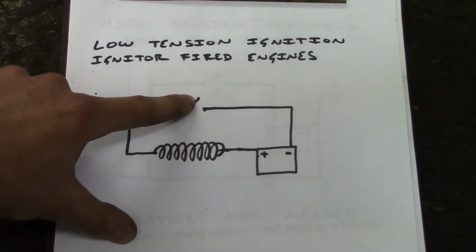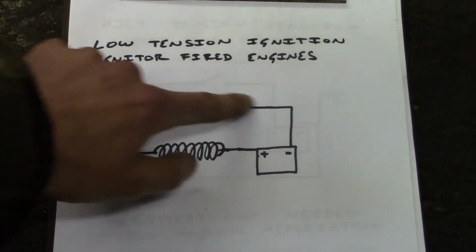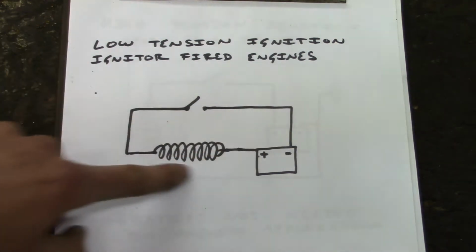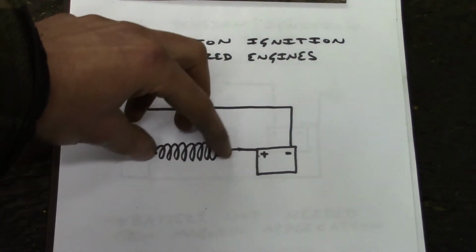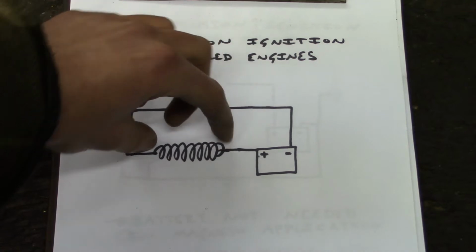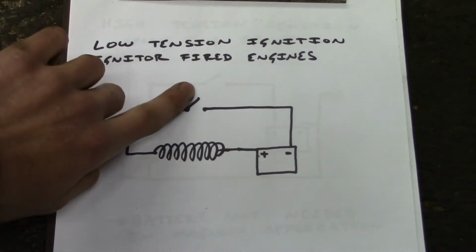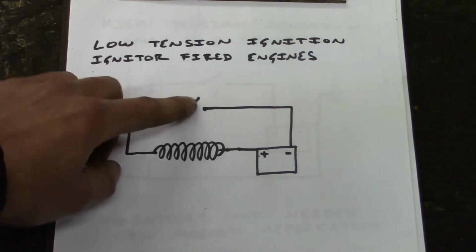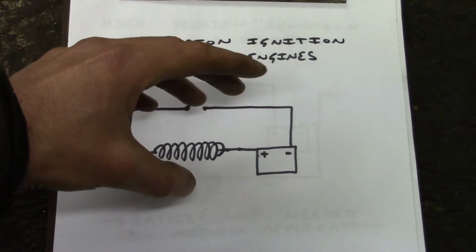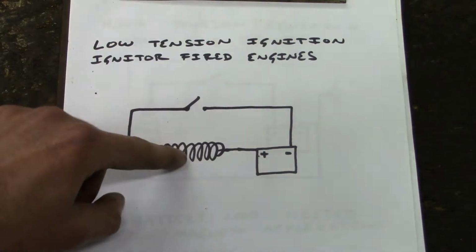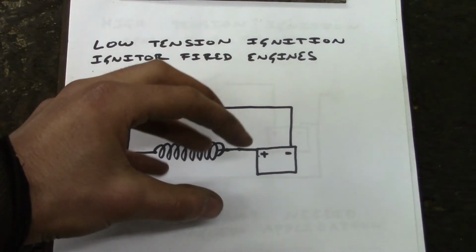When the igniter closes, it creates a full circuit. Current flows through the circuit and generates a magnetic field within that coil. When those points open, or when the igniter opens, that flow of current is broken, so that magnetic field is going to collapse.